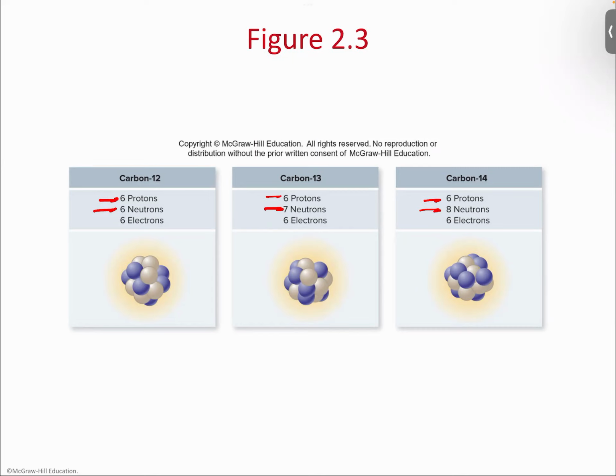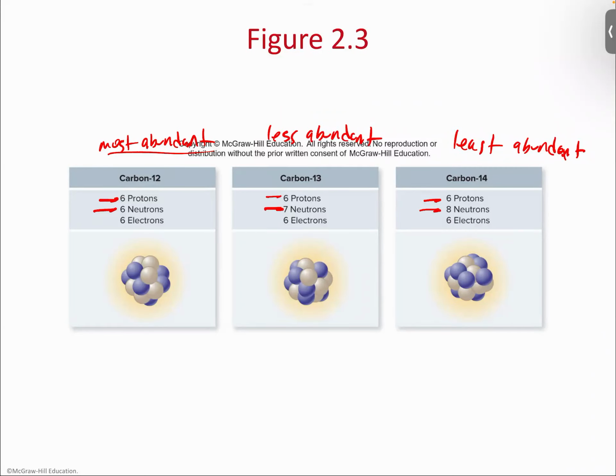Now, generally speaking, carbon 12 is the most abundant. If you were to take a look at a carbon source in nature, all the carbon atoms, you're mostly going to find carbon 12. However, you will also find some carbon 13, which is less abundant, and carbon 14, which is the least abundant.